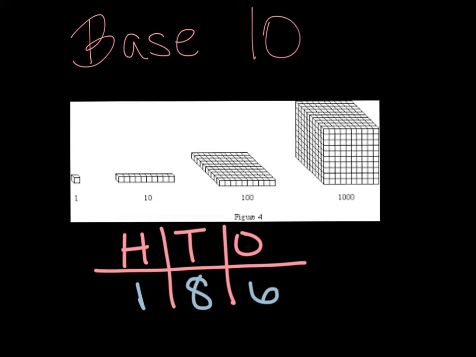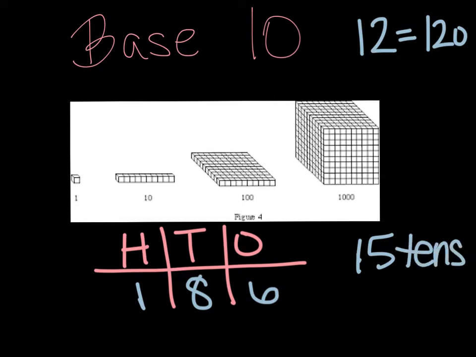So would you agree with me that if I had 12 tens bars, that really equals 120? So you think about it. What if I had 15 tens? What does that equal? That's right, 150.